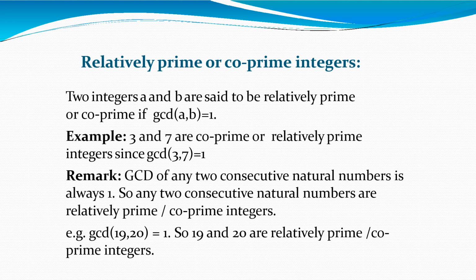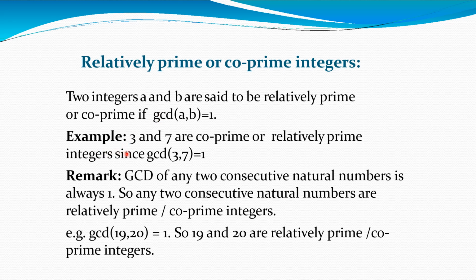Now the next definition is relatively prime or co-prime integers. Two integers a and b are said to be relatively prime or co-prime if GCD of a and b is equal to 1. So if you consider any two integers a and b and their GCD is equal to 1, then we say that they are relatively prime or co-prime integers.